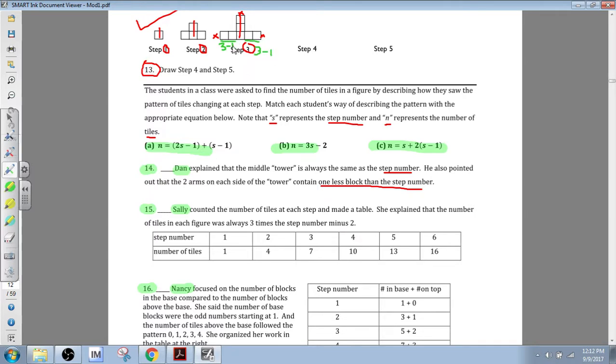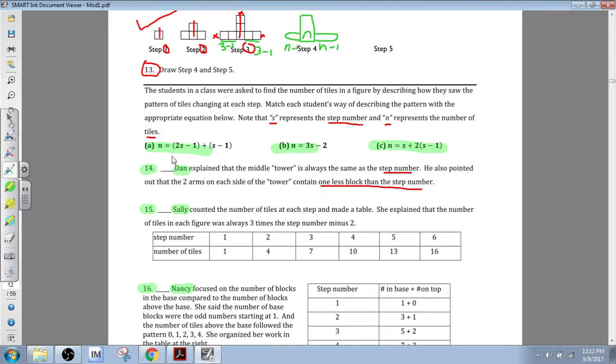The way that he's viewing it is in 2 parts. He's viewing that center tile, which is the step number, and then we have 2 instances of the arms. This arm is S minus 1, and this arm is S minus 1.